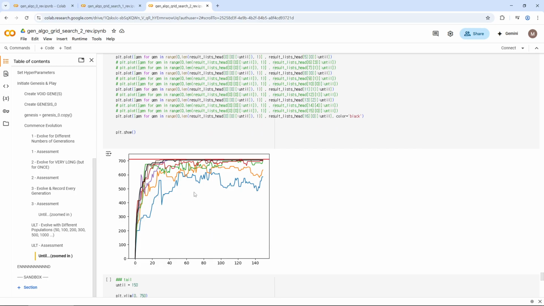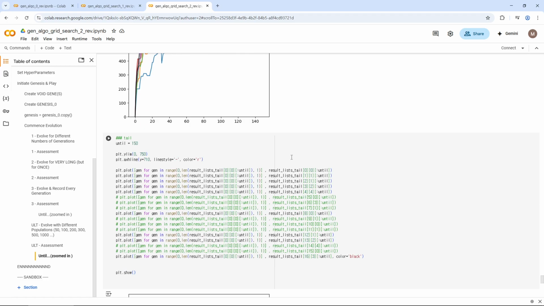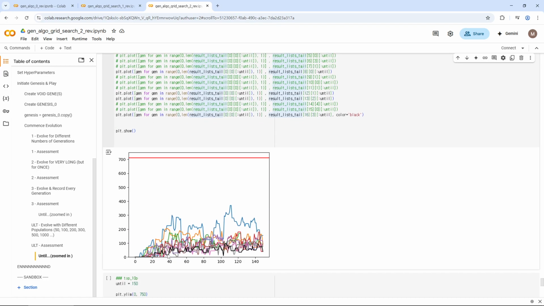And again, the lower ones indicate smaller population sizes. This is for the tail. Again, like I've said, bigger population means more occurrences of entities with possibly lower summed utility values, or lower scores of some kind, whatever we're trying to measure.